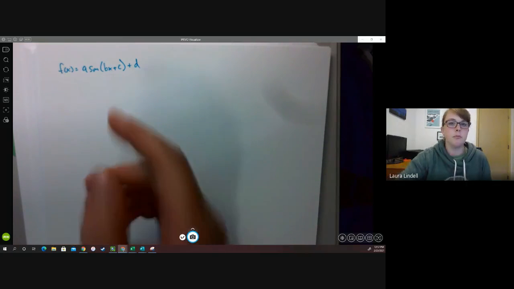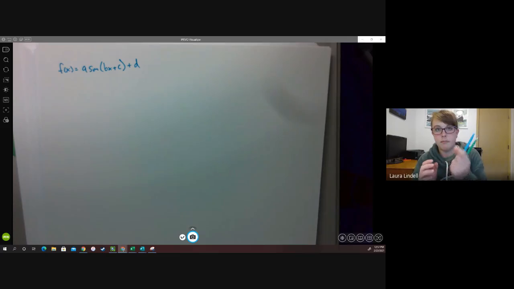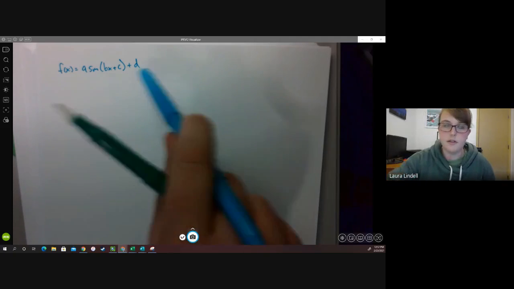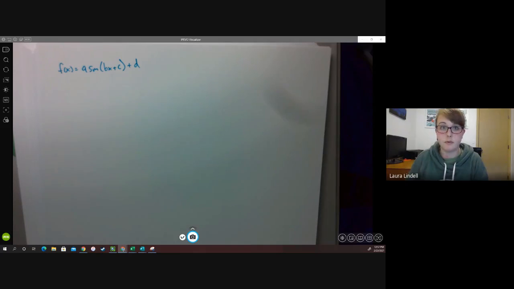The other way is if you pull the b out and you have b times x plus c, but that's the less common way to do it, but some places prefer it. I think they prefer it because it's a little bit easier to see the phase shift that way. But the IXL section prefers it written this way, as does our textbook.